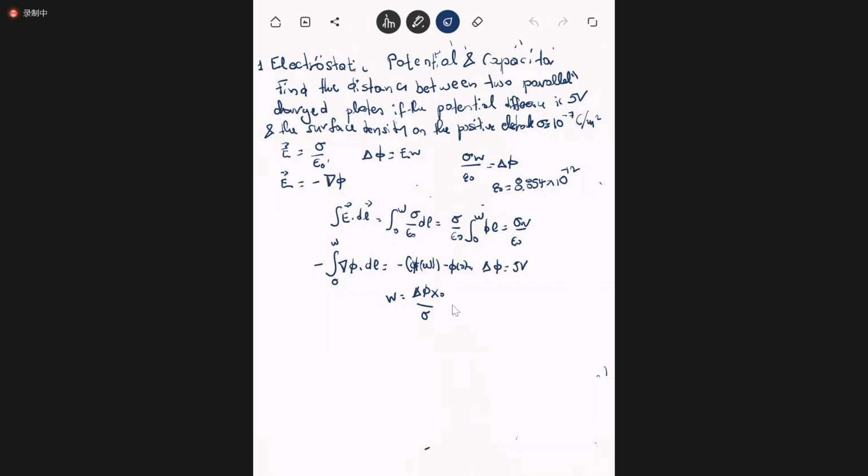When we have a parallel plate capacitor, the electric field between the plates is given by this expression over here. In other words, the electric field intensity is sigma, where sigma is the density of the charge on either the positive or the negative plate of the capacitor, divided by the permittivity.